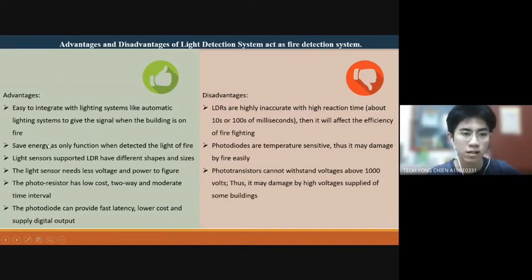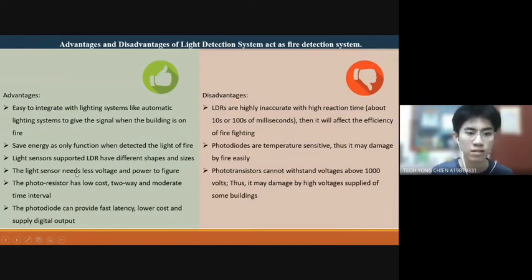Secondly, it saves energy as it only functions when it detects the light of fire. And it can not only detect the light of fire, but normally will also detect sunlight, acting as a normal light detection system.